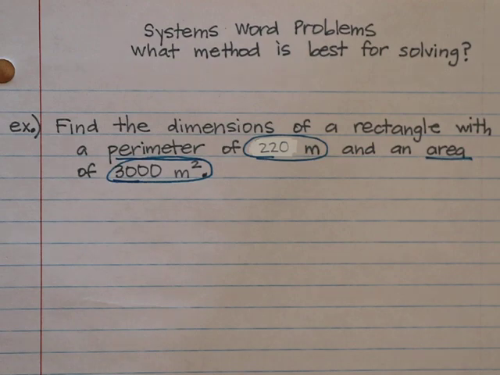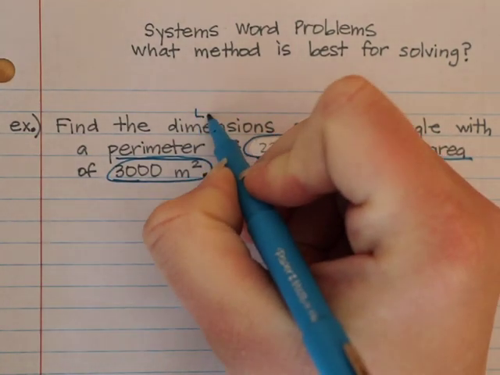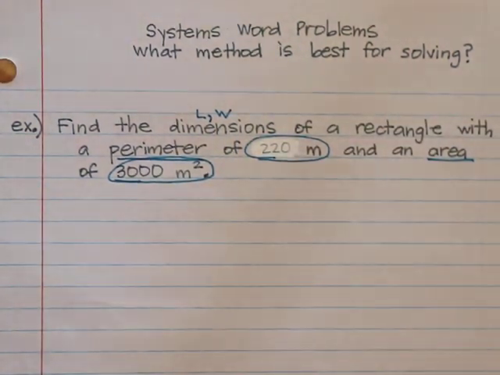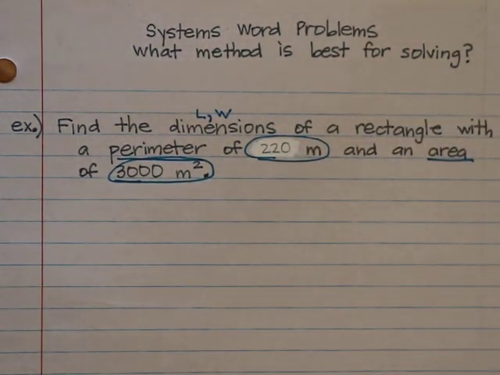One thing we should be mindful of is that however many variables we have, that's how many equations we need. We need to find length and width. I call them base and height, but you can call them X and Y, whatever you want. But we need two equations. One we're going to get from perimeter, and one from area.